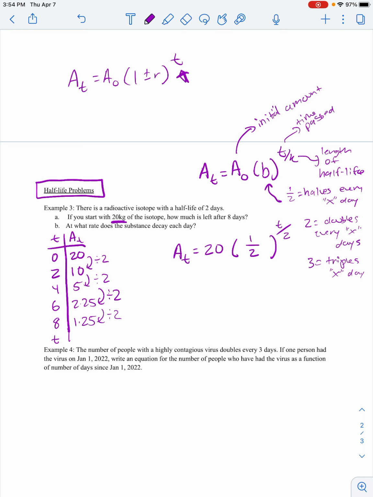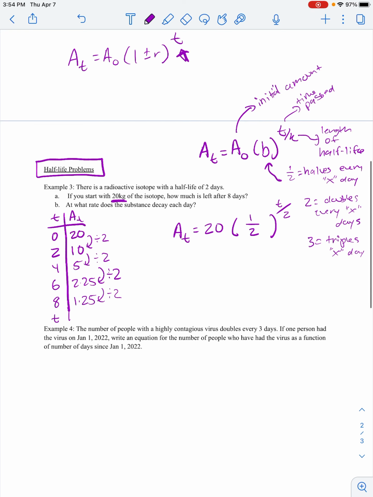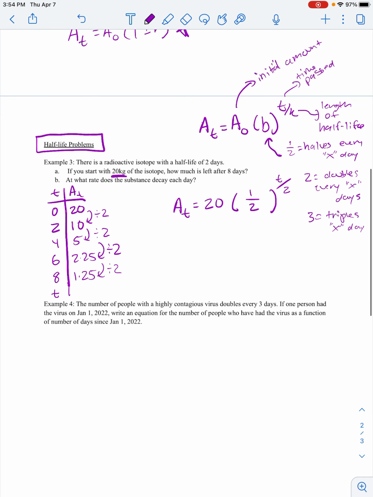So I'm doing example number 4, which is one that still uses this formula, but is a doubling time instead of a half-life. So the number of people with a highly contagious virus doubles every 3 days. If one person has the virus on January 1st, write an equation for the number of people who've had the virus as a function of the number of days since January 1st.